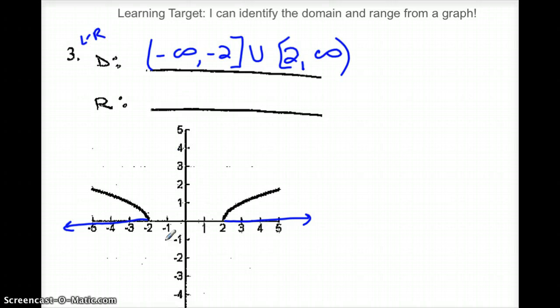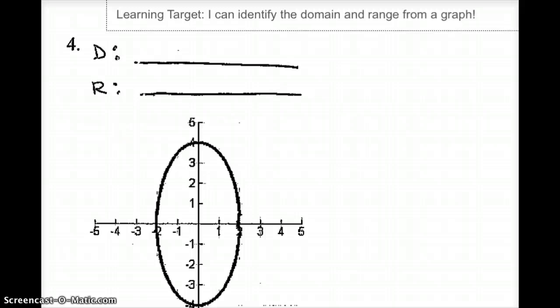Now up and down, what's my restriction? Well, up and down, the lowest I ever get is at 0 here, or I have y values that are greater. So bracket 0 to infinity. Okay? Here's a cool one, an oval shape. This is actually easy, one of the easiest of all.